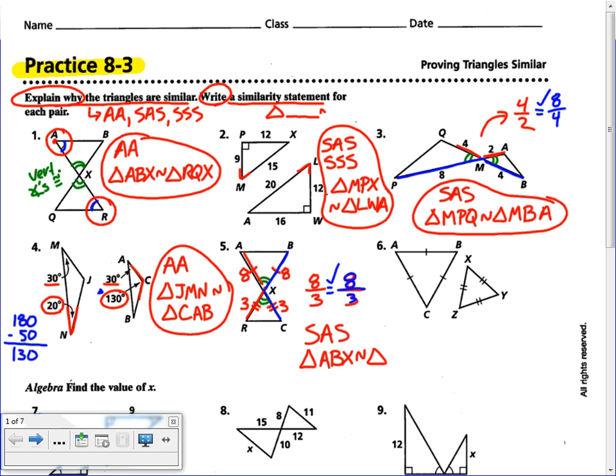Second triangle, what coordinates with A? Well, the way I shaded it is R, and B corresponds to C, and X corresponds to itself. So that's if I matched it up that way, but it does occur to me that it could be written as CRX, and that would be fine too.